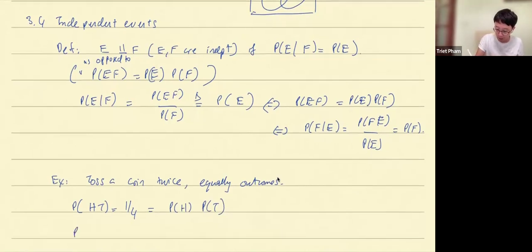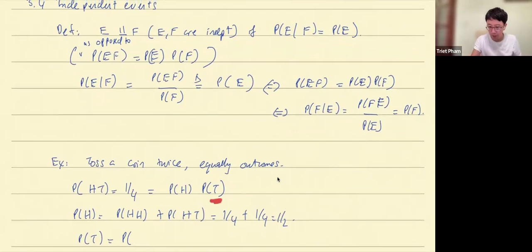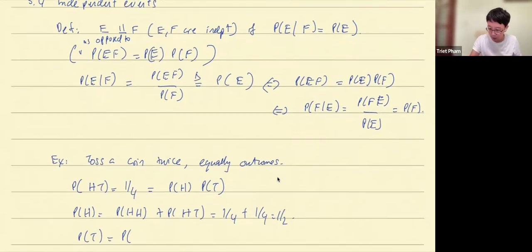Because P of first head is P of head-head plus P of head-tail, which is 1/4 plus 1/4, which is a half. And P of second tail is the same thing: P of head-tail plus P of tail-tail, which is again 1/4 plus 1/4 equals 1/2.